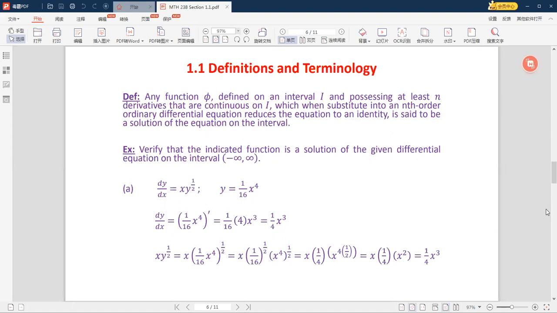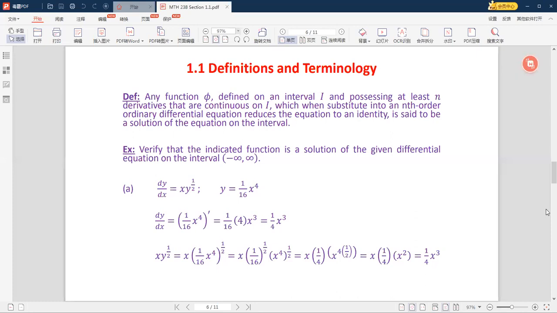Then you solve this differential equation and get some solution as a function. We call it phi, and that's called the solution of the equation. In the whole course, we're going to discuss the methods or strategies to solve different types of differential equations.